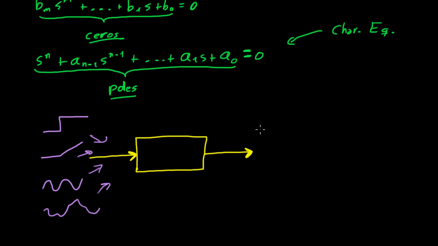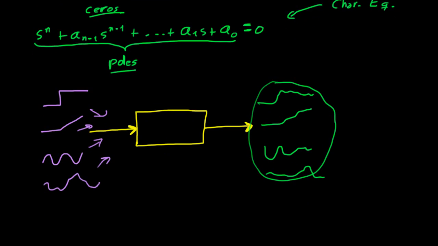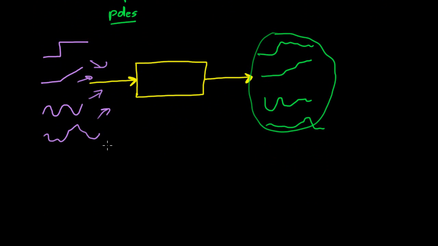We look at the output of the system and get the data of each experiment. We have a bunch of experiments. So since we have signals in the input and in the output, we can always calculate the Laplace transform of the output, and obviously we have been able to calculate the Laplace transform of the input.